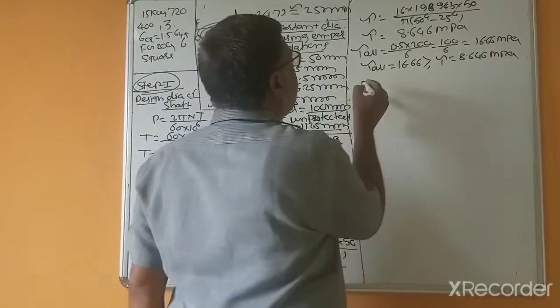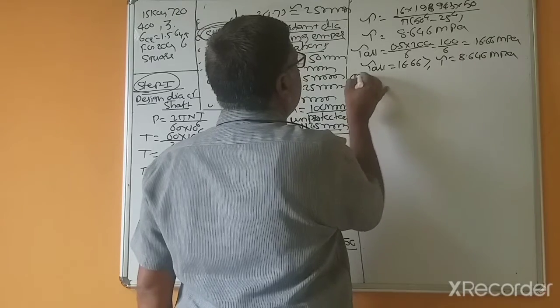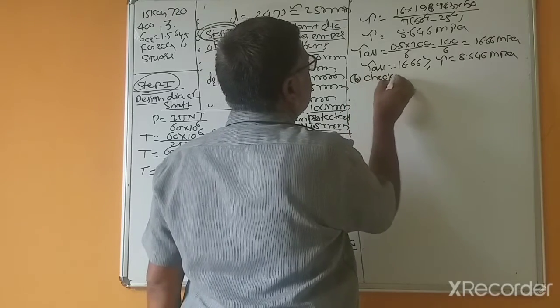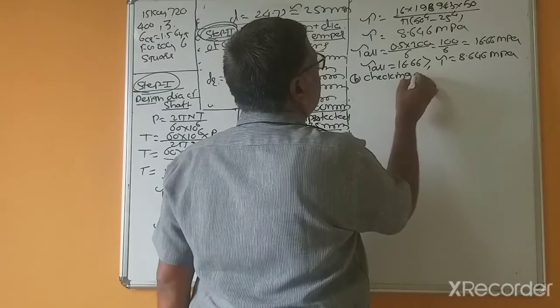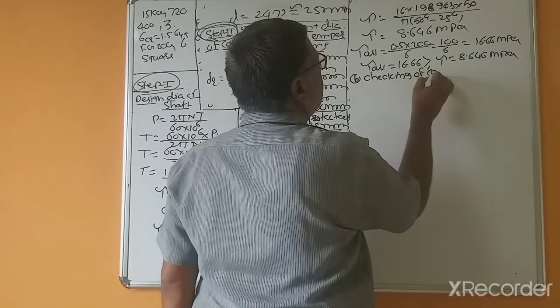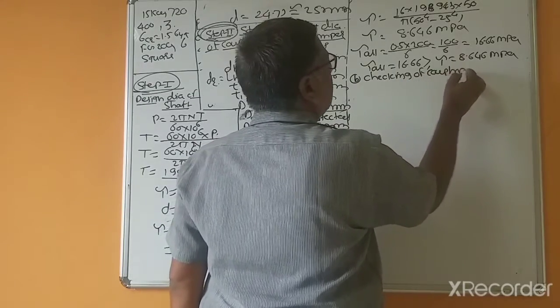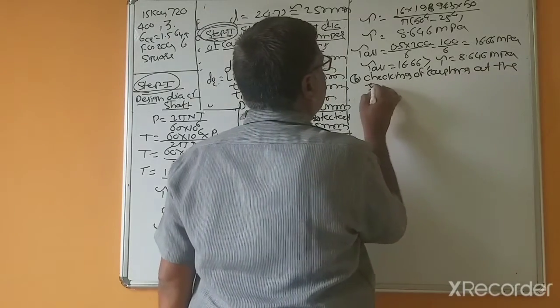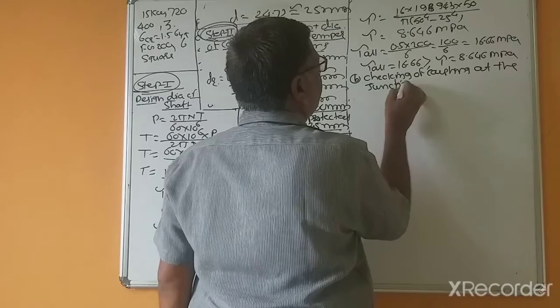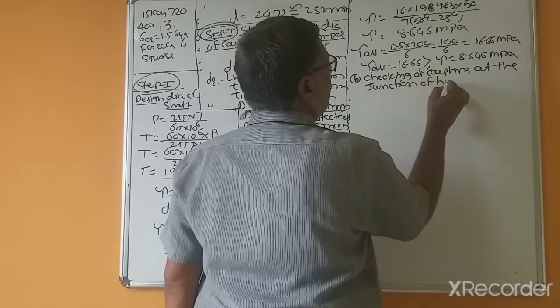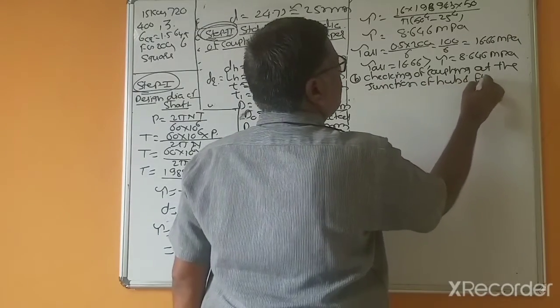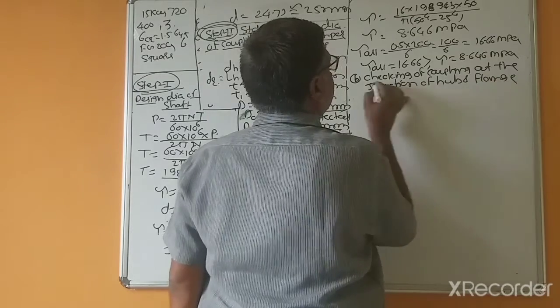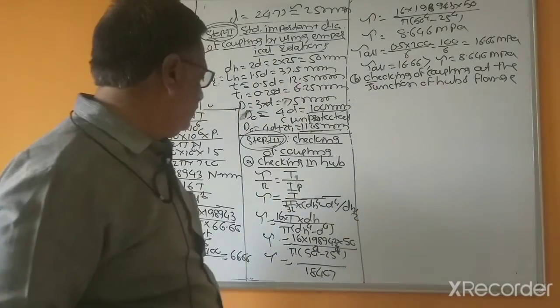Now checking of coupling at the junction of hub and flange. Right?